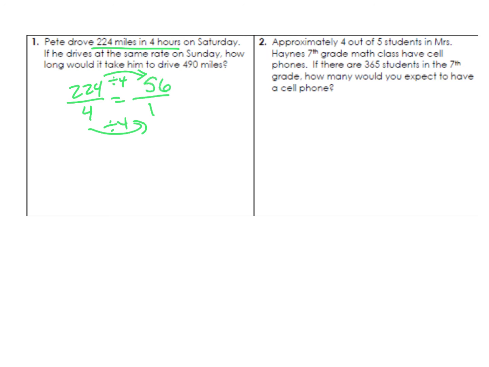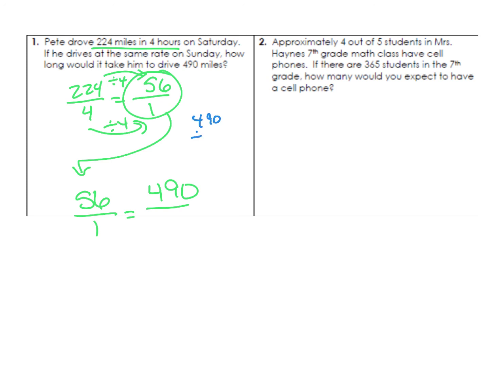So now I'm going to move this down here. So I got 56 basically miles per hour. I want to know how long it's going to take him to do 490 miles. So let's go into our calculator here. 490 divided by 56. And that gives us 8 and 7/500.